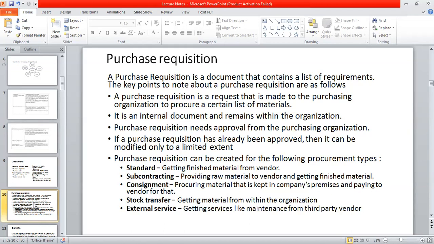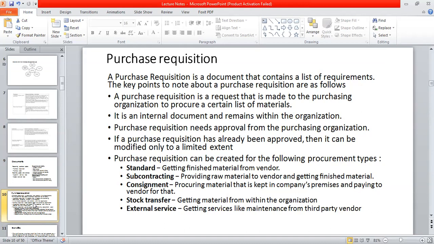In this case, they use a purchase requisition. It can also be used in the case of subcontracting, by providing raw materials to a vendor and getting finished material.